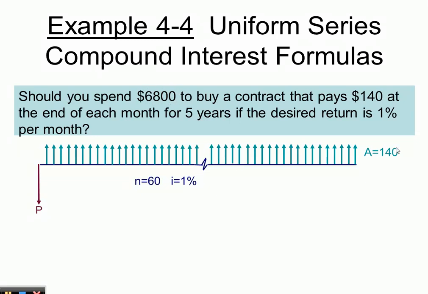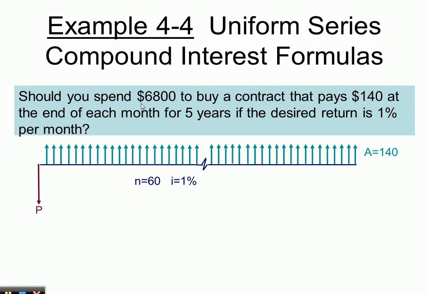We want to find how much it is as a present sum of money, so we compare it to this. We can't just multiply things or add things together throughout the 60 months because of the time value of money. They're not comparable like that. We cannot add them when they happen at different points of time. But if we put them at a specific point of time, then we can compare.